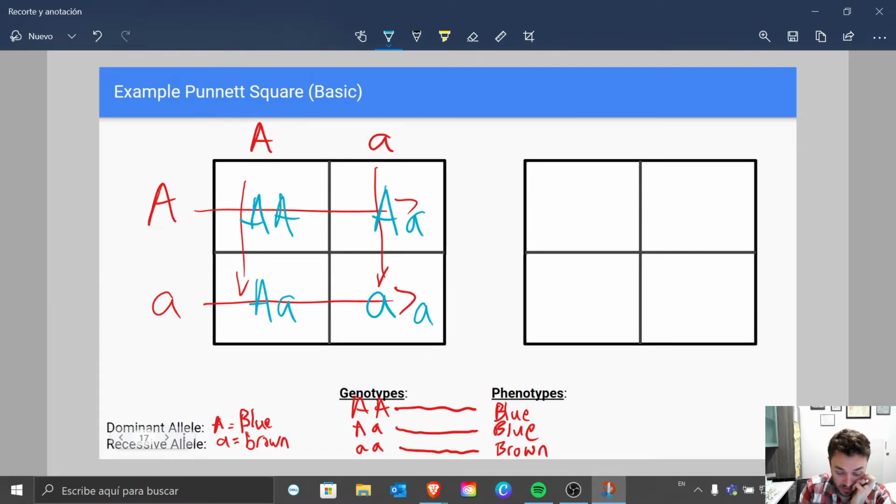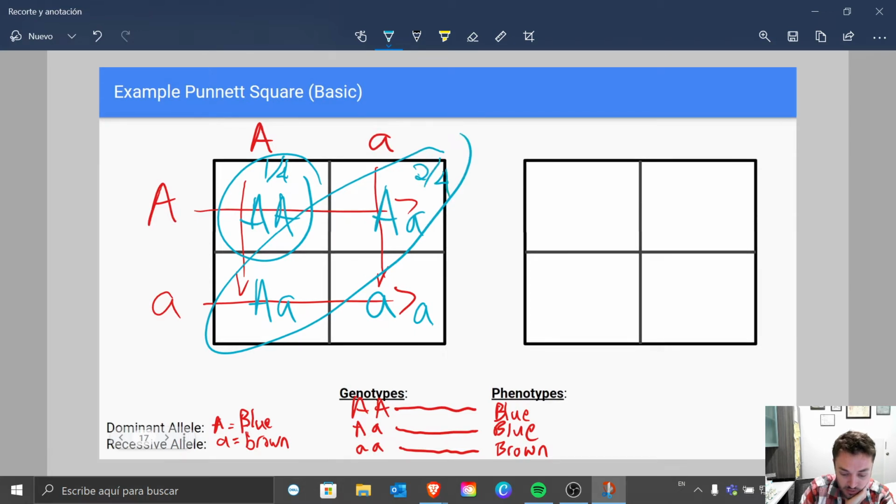So now I know my possible genotypes for my children: 25%, because it's 1 out of 4, would be big A big A. 2 out of the 4 boxes have big A little a, so half of them will be heterozygous, and then another 25%, or 1/4, would be little a little a.